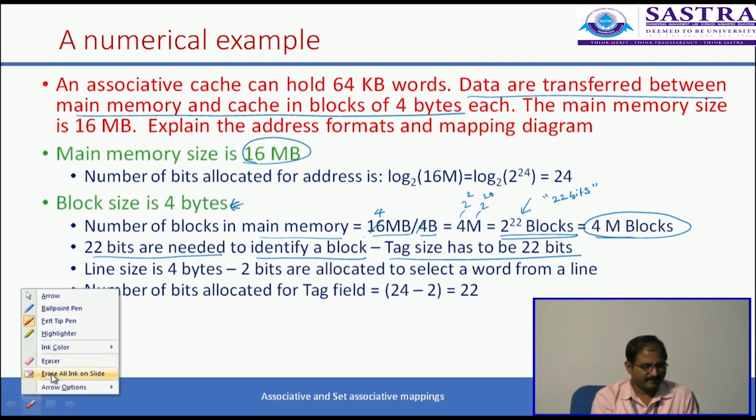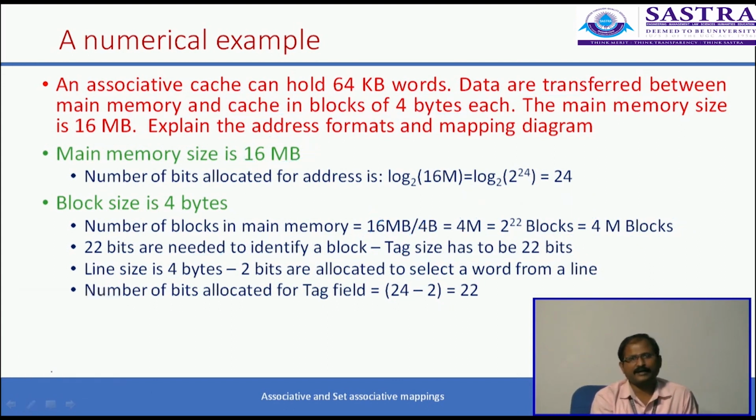We can get the size of the tag in another way also. It is given the block size is 4 bytes. One block size is equivalent to one line size. So, the line size is 4 bytes. 2 bits are allocated to select a word from a line, meaning the number of bits allocated for the word field is 2.